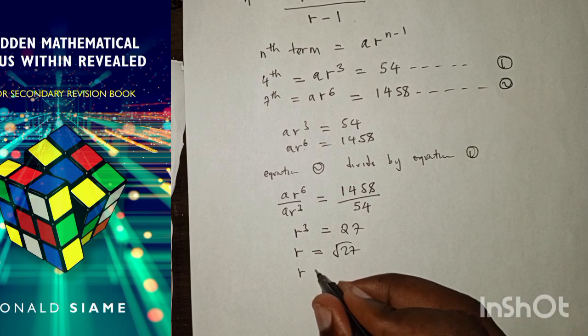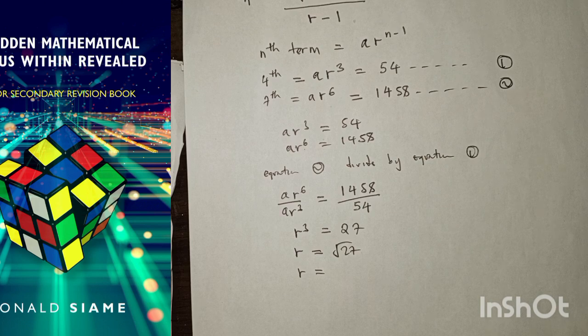What is the cube root of 27? The cube root is the number which you can multiply 3 times by itself to get 27. That is 3. Yes, we know that 3 times 3 is 9, times 3 is 27. So r is equal to 3. So that is the value of r.